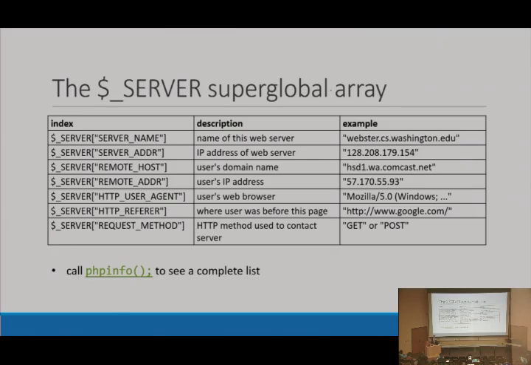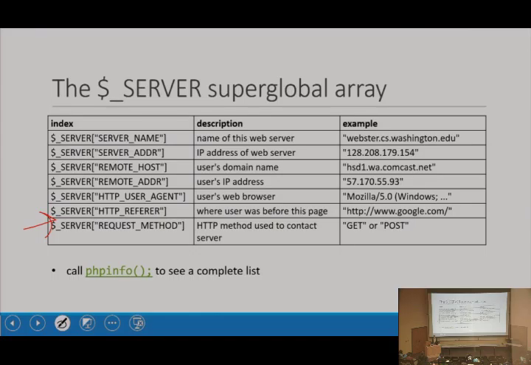One thing you can do with the web service, and I don't really want to do this right now, is that there is a server superglobal array. A superglobal array is like the get array or the post array, something you can access anywhere. There's also the server array, with a bunch of different information in it. The one thing I want you to be aware of is the request method.